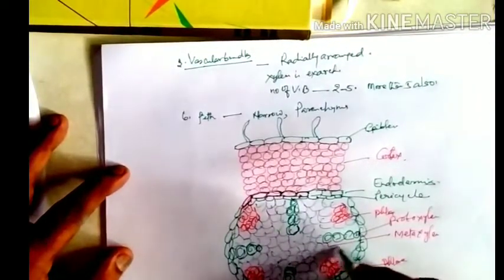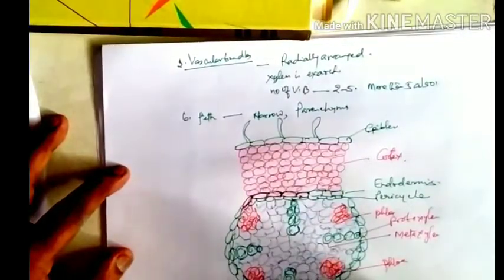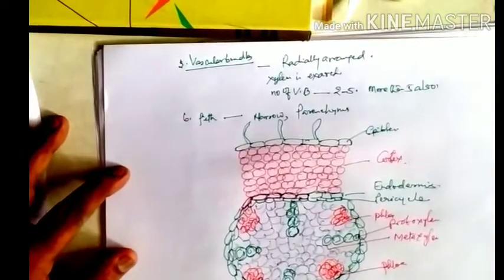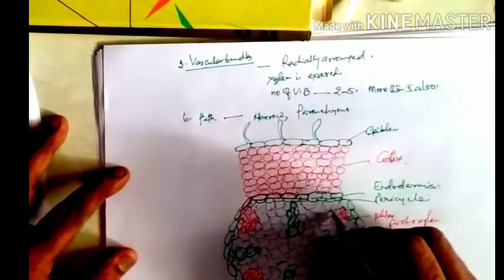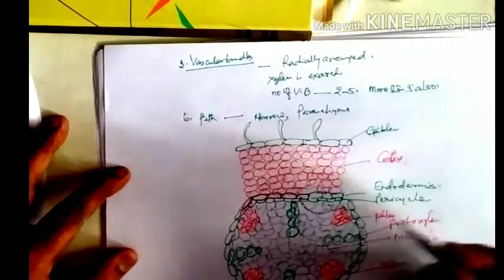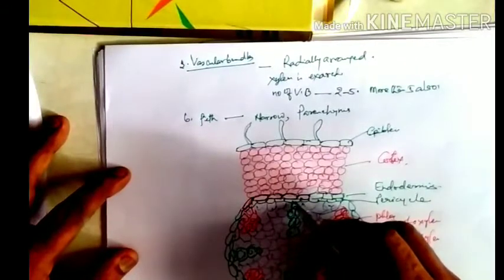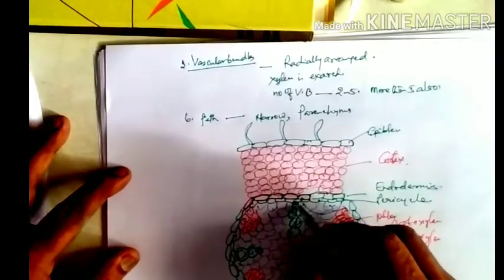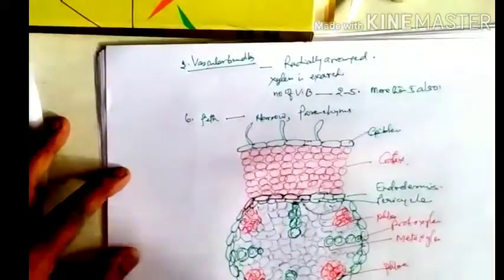So this is the topographical structure of the dicot root. Here there are the cells of conjunctive tissue, and just above this, below the pericycle and just above the protoxylem, are found the group of cells which make the passage cells, which help in the conduction of water.